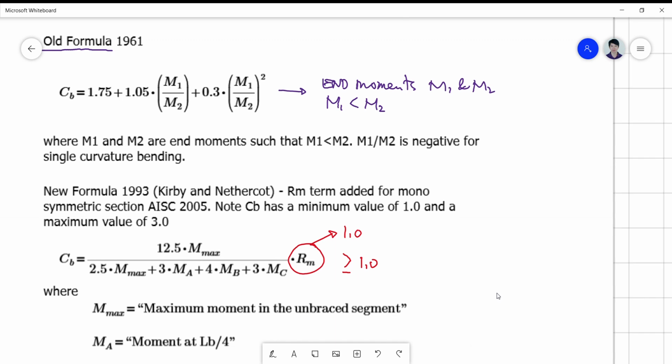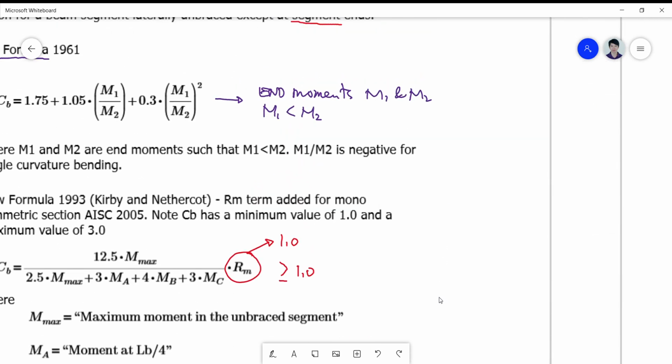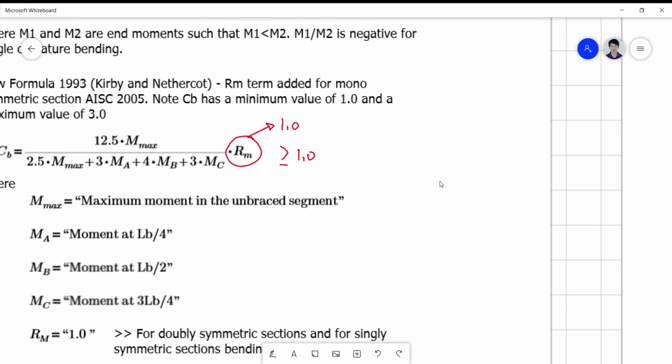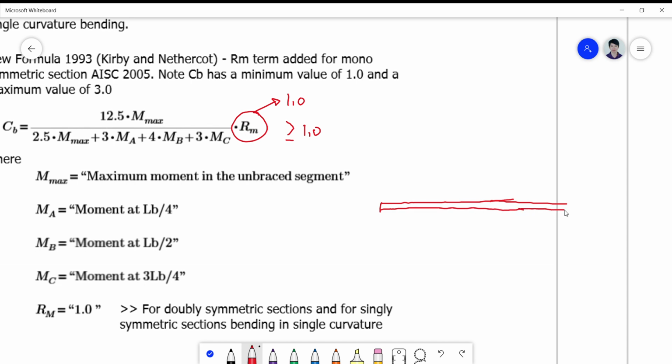For the new formula, the moments are no longer considered at the ends of the segment, but rather at quarter points.